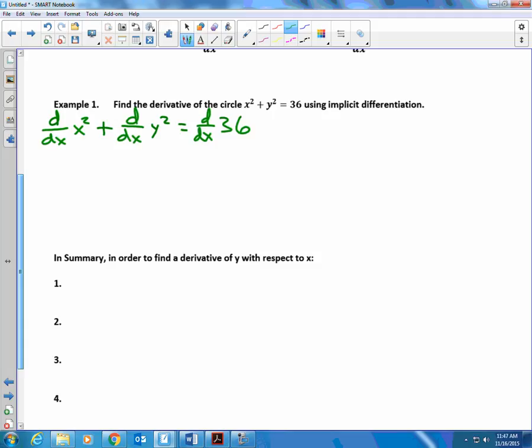Now, when you take the derivative, what happens to the power? It reduces, and it's almost as though this d over dx absorbs that power. You know what I mean? So I'm going to write it in a way that's unique to you, and we'll never do it again, but this will help you understand why implicit differentiation works.